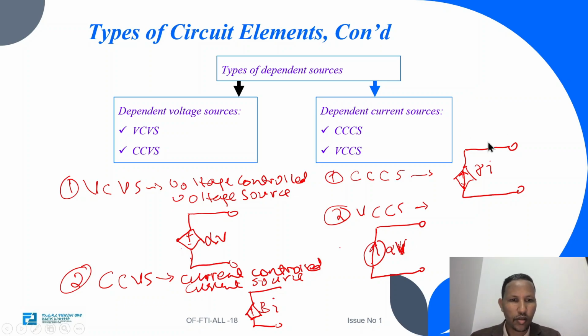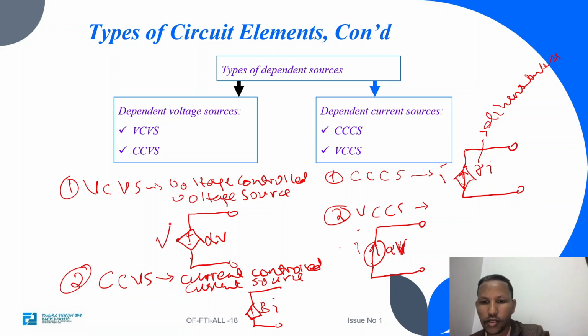For this case, alpha is dimensionless. This is I, this is I, this is V, and this one is V. For this case, beta is 1 over ohm, and this one is dimensionless.